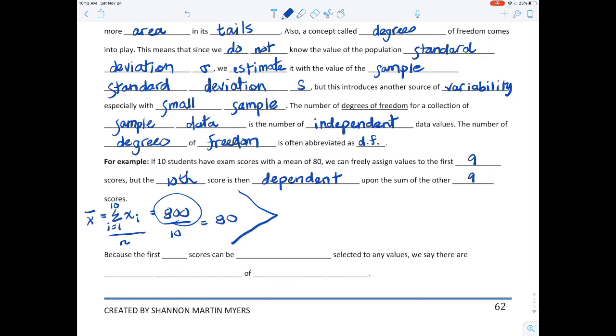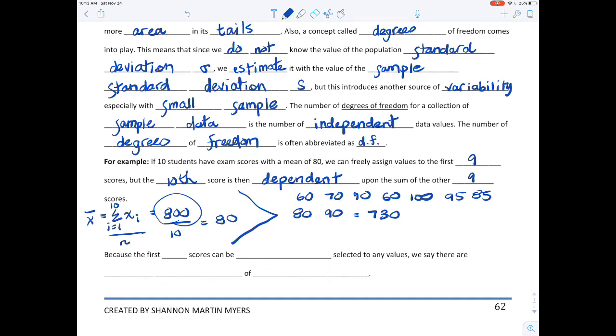So, I don't know, let's say we had scores of 60, 70, 90, just making them up. Let's say there's another 60, that person did well, 100, 95, 85, 80, how many is that? 1, 2, 3, 4, 5, 6, 7, 8, and then 90, we'll say. Well, if we add all of these things up, I added this up earlier and I got 730, all right?